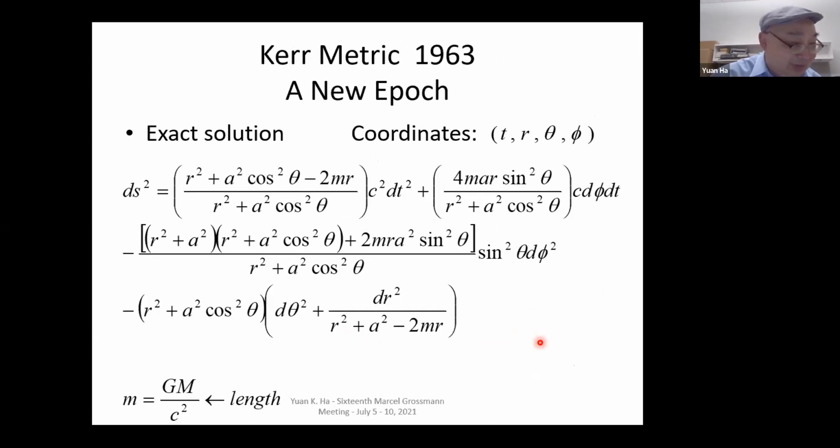Now, the Kerr metric was discovered in 1963, and it ushered in a new epoch in general relativity and astrophysics. It is absolutely indispensable for the study of rotating black holes, and I believe that it deserves a Nobel Prize.